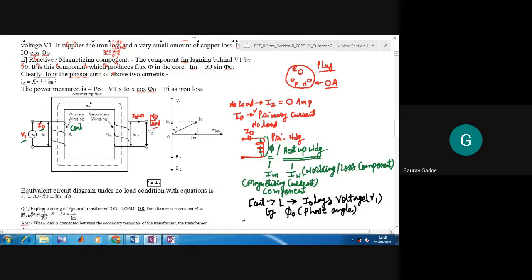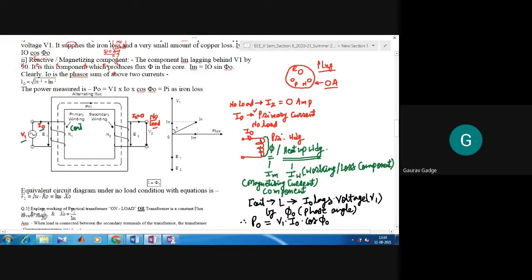If this is so, we can write P naught, the power under no load condition, is equal to V1 I naught cos phi naught. That's all. P is equal to VI cos phi. Simple power.